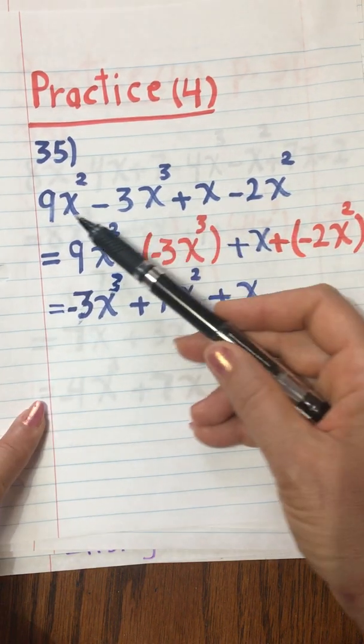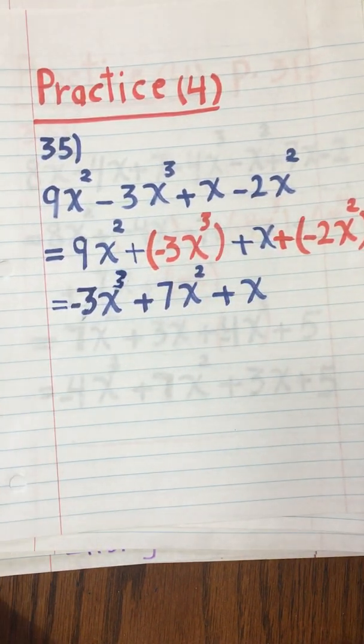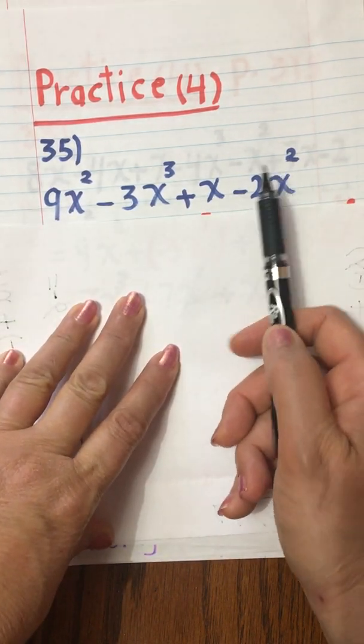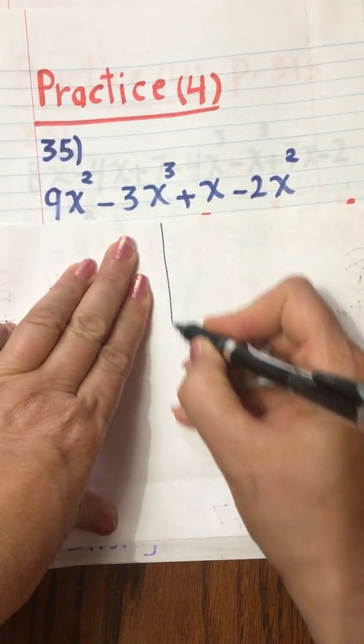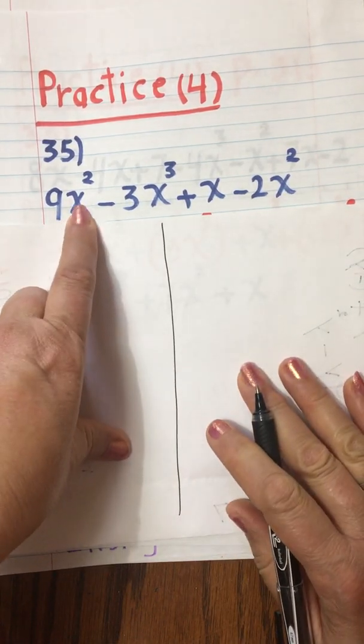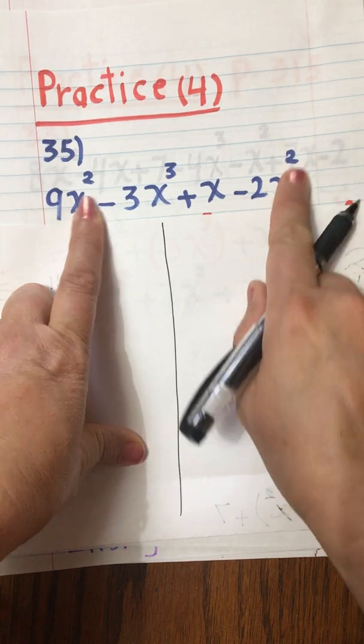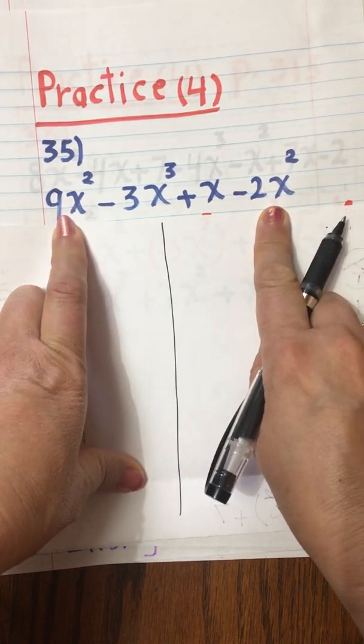35, 9x squared minus 3x cubed plus x minus 2x squared. So I can do it this way, guys. So now 9x squared and minus 2x squared, these are like terms.